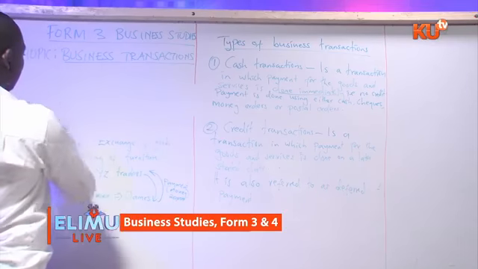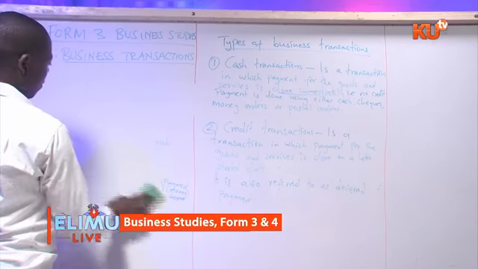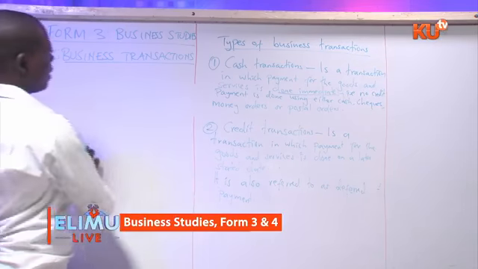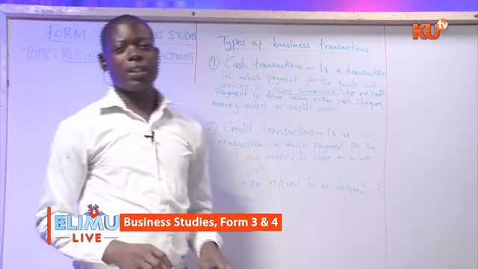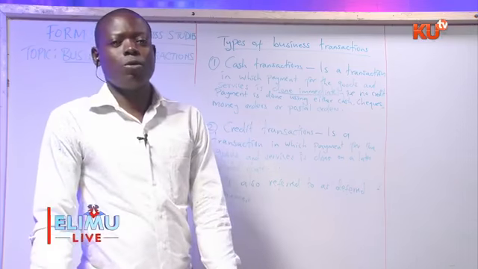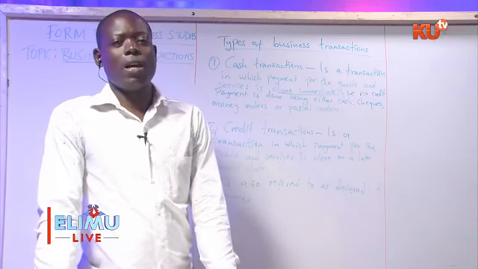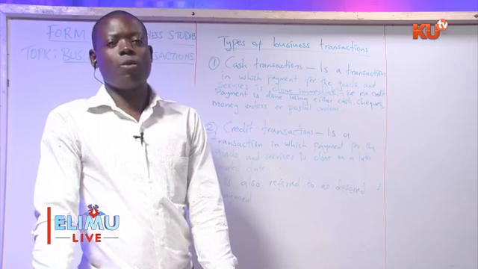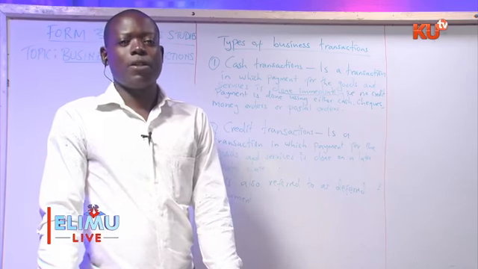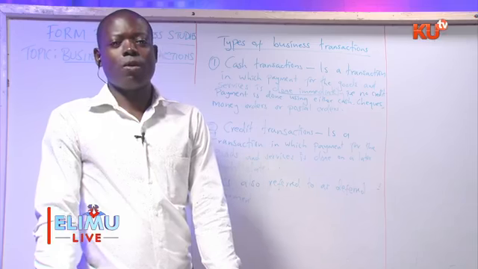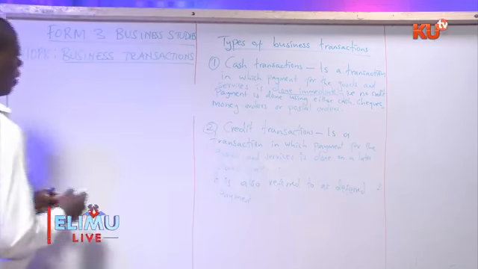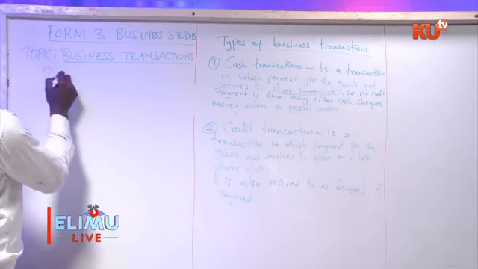Again, students, when we are discussing business transactions, as we've already explained, this is a dealing between two parties that can be assigned within the monetary system, where we can quantify it in terms of money. And in the previous topic, when we were discussing net worth of a business, we discussed these terms.